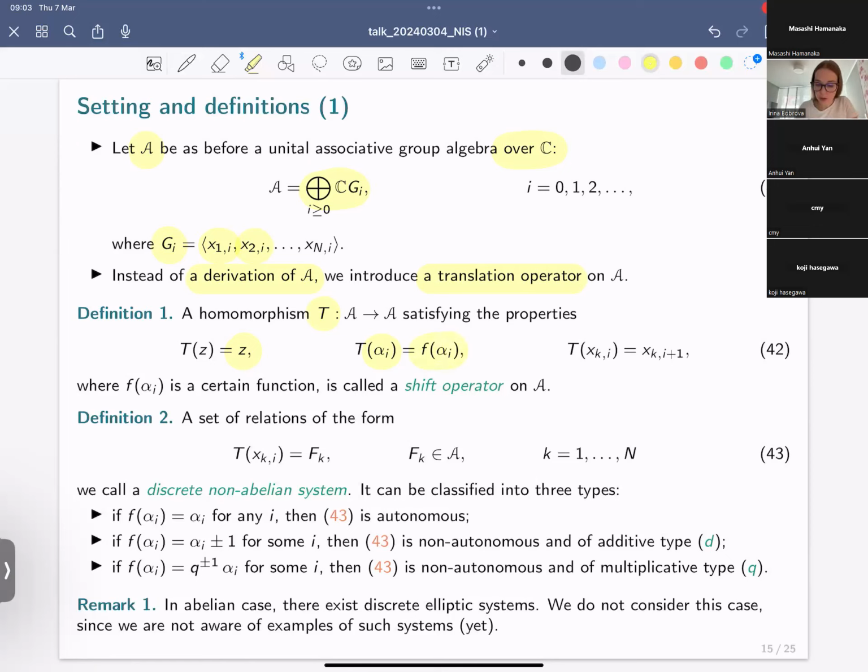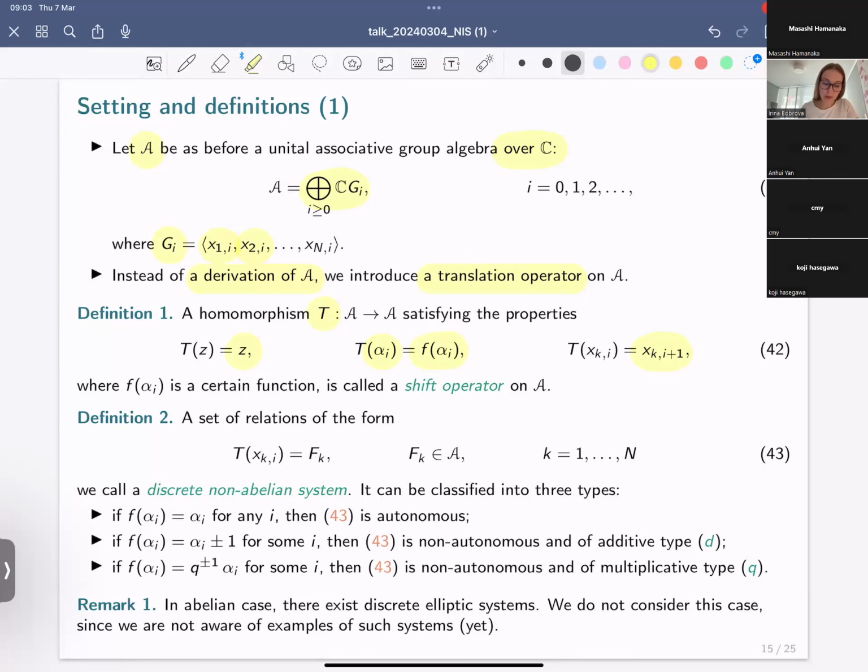If we act on the generators x k sub i, we need to shift the second index of this generator. This map we will call a shift operator on our algebra A. This is similar to the commutative case.